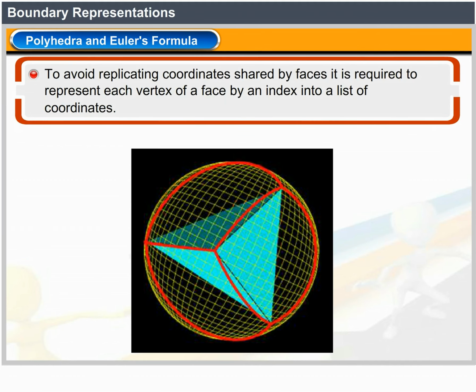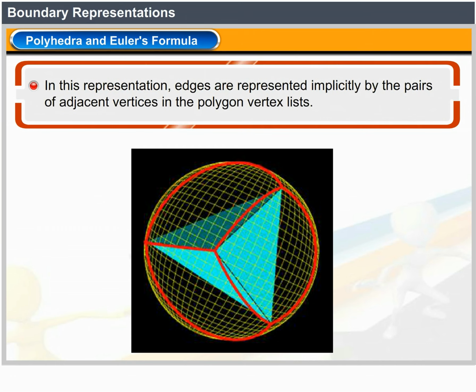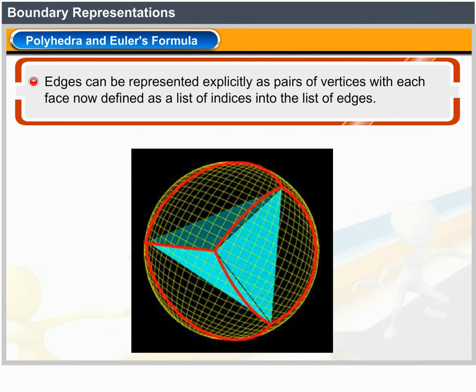To avoid replicating coordinates shared by faces, we may instead represent each vertex of a face by an index into a list of coordinates. In this representation, edges are represented implicitly by the pairs of adjacent vertices in the polygon vertex lists. Edges may instead be represented explicitly as pairs of vertices, with each face now defined as a list of indices into the list of edges.